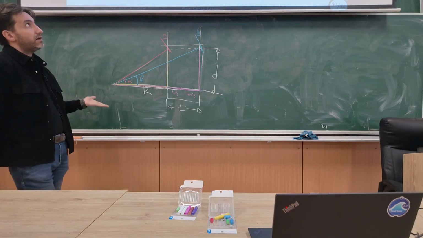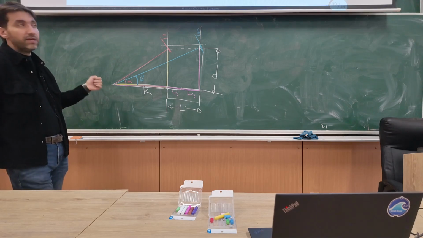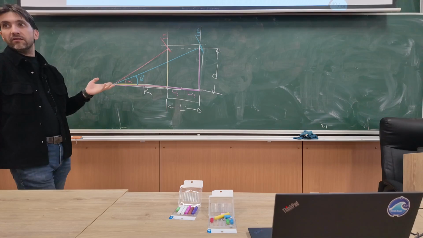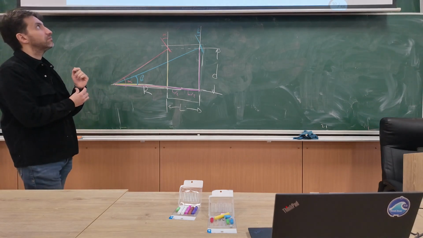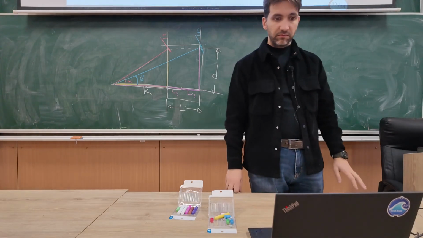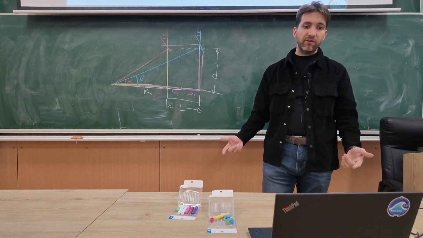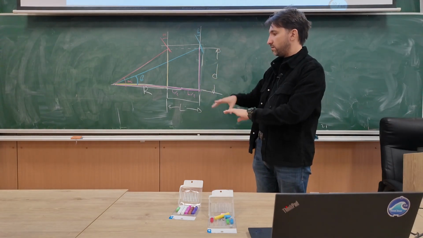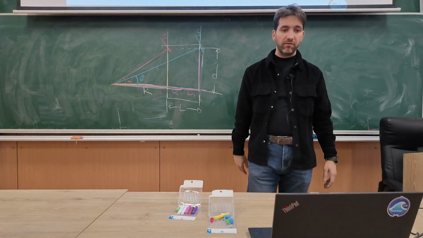So if I know R, the center of rotation, and I know the dimensions of the robot, L and D, I can calculate beta and alpha. All right? If I take the difference between the two cotangents, I get a ratio between the width and the length of the robot.